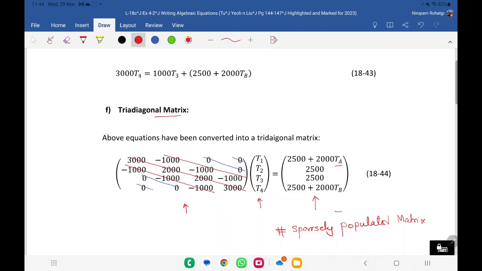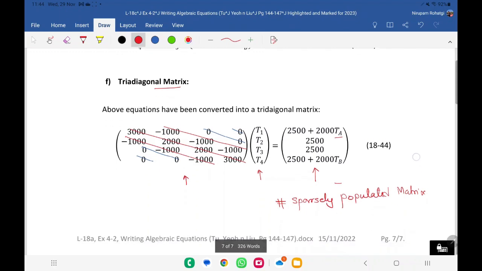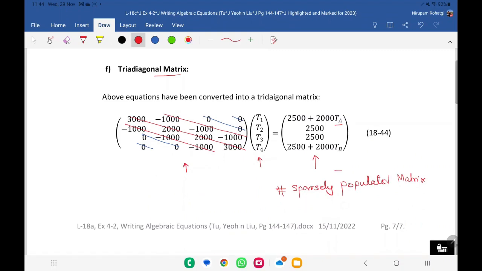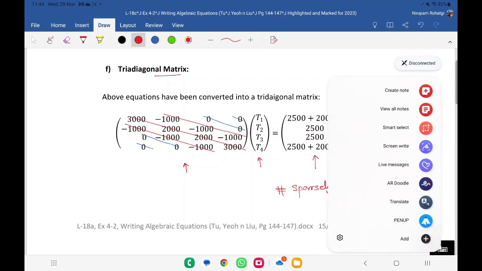Now suppose your problem was 2D, then what will happen?